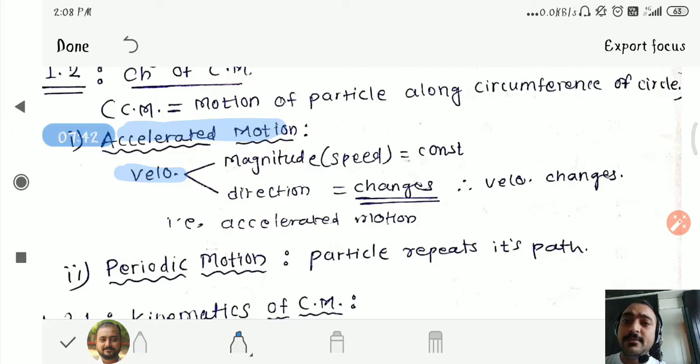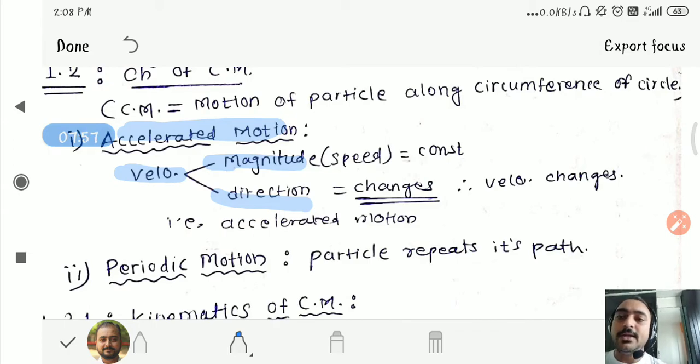the particle performing circular motion has velocity, that is linear velocity, and this linear velocity has magnitude as well as direction, because velocity is a vector quantity.